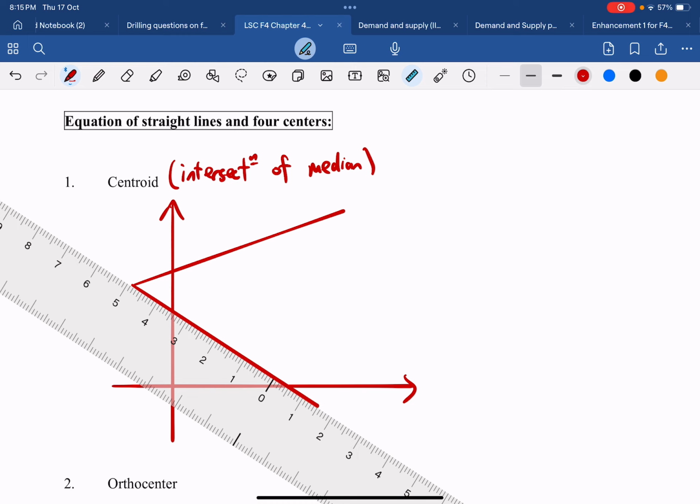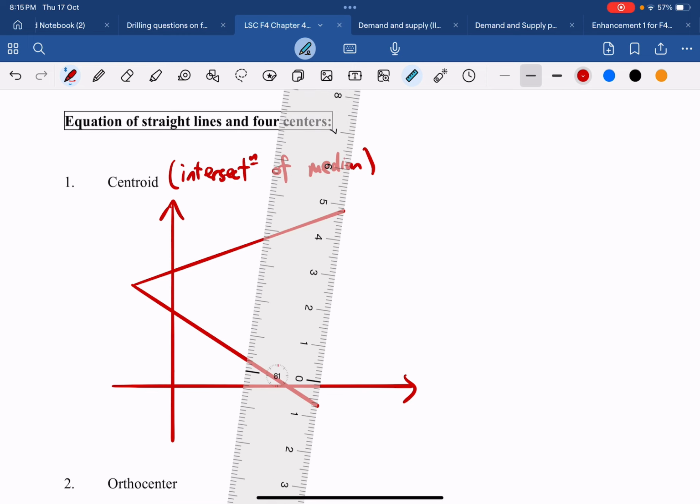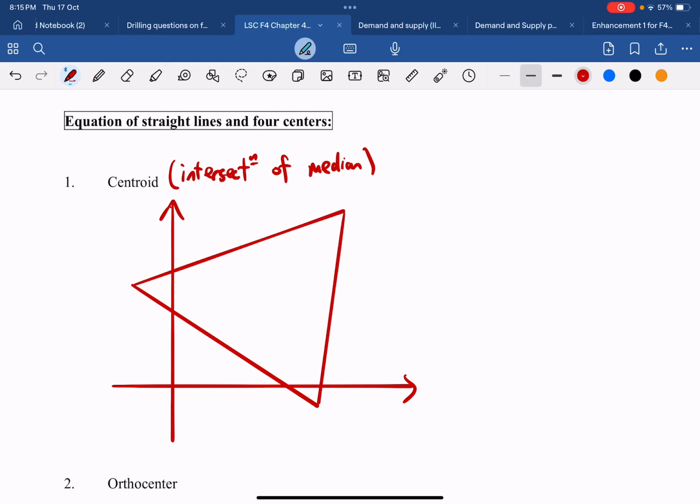Okay, it's not a right angle triangle, just a random triangle. So let's say this is A, this point. Okay, so let's say the coordinates, we call it (x1, y1), and then this is B, (x2, y2), and then this is C, (x3, y3).